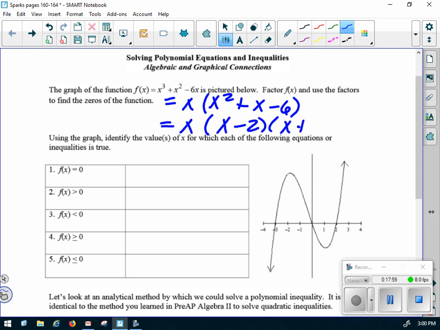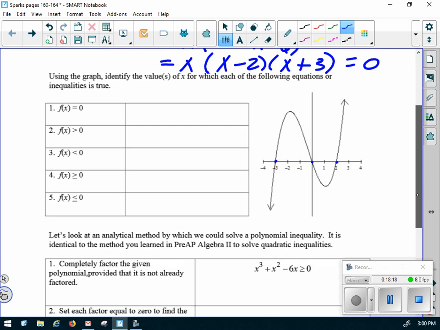Good. So, if we set this thing equal to 0, what are our solutions? 0, 2, negative 3. Here they are. 0, 2, negative 3. Those are your zeros. Okay?